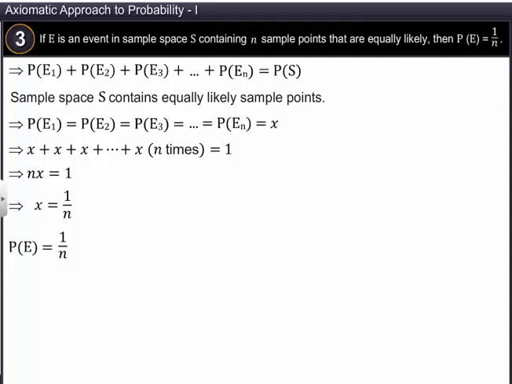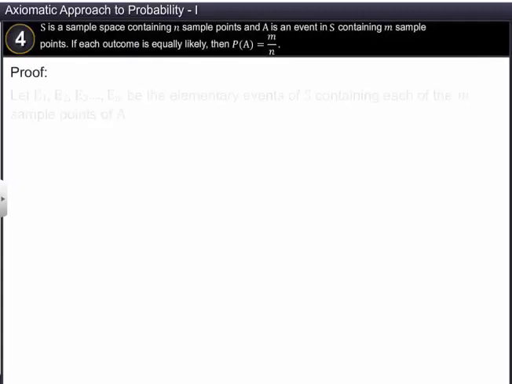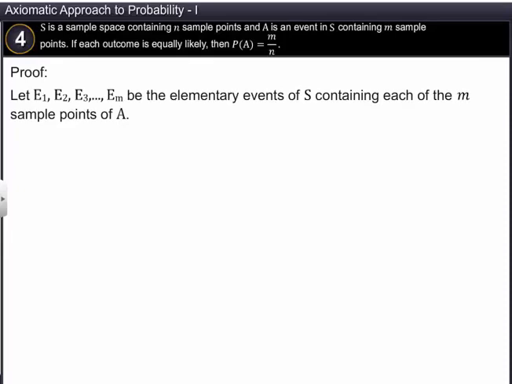S is a sample space containing n sample points, and A is an event in S containing m sample points. If each outcome is equally likely, then P of A is equal to m divided by n. Let E1, E2, E3 and so on be the elementary events of S containing each of the m sample points of event A. We know that the events are mutually exclusive and exhaustive.